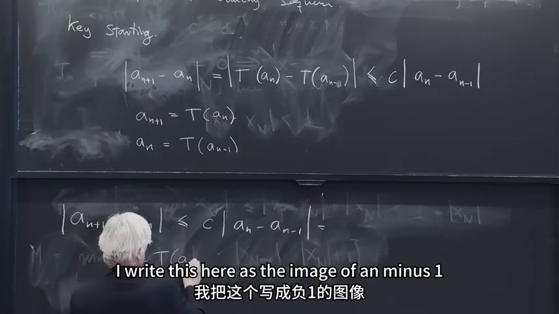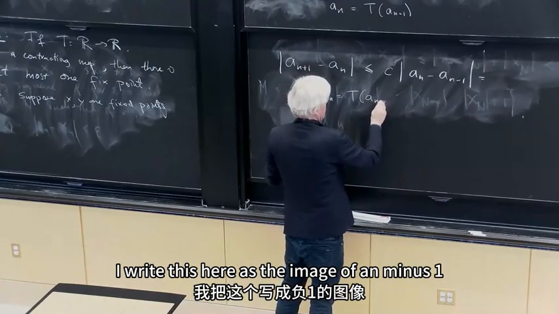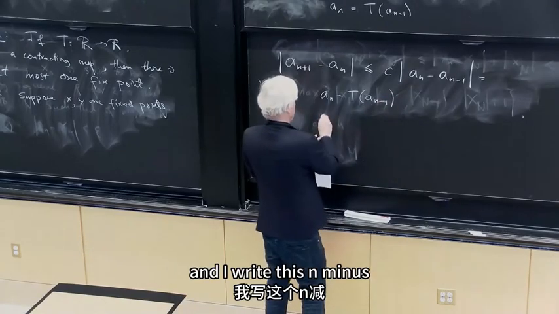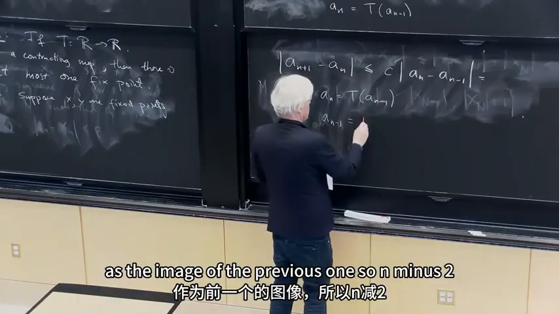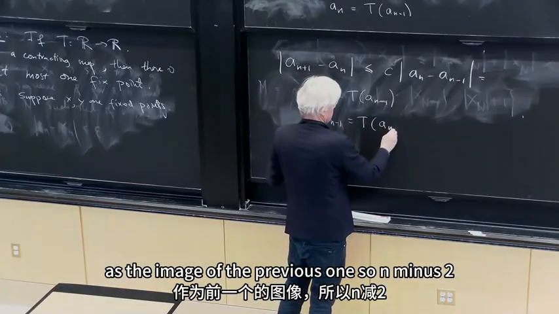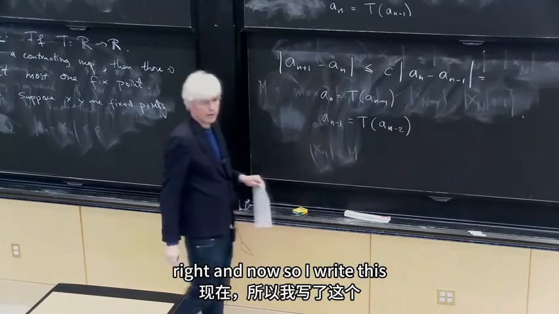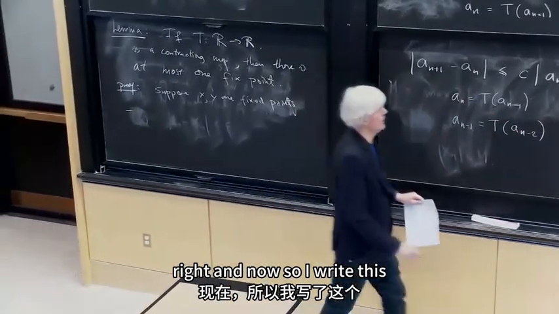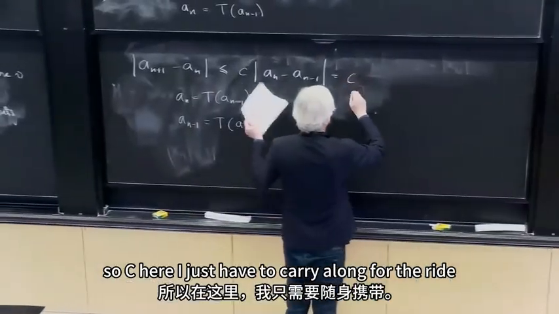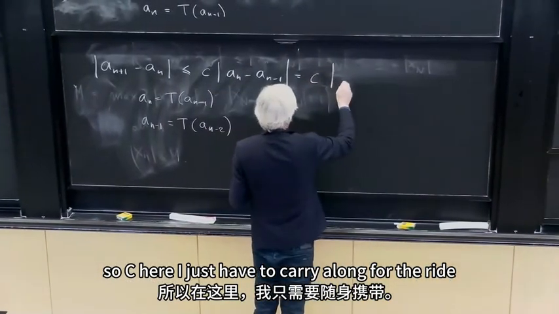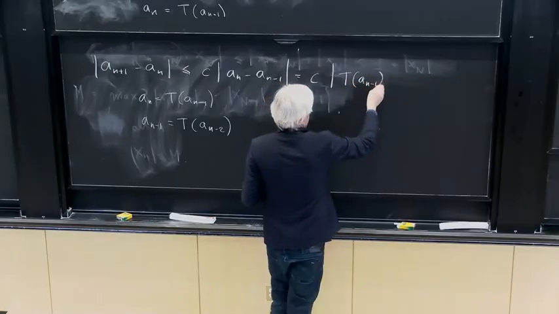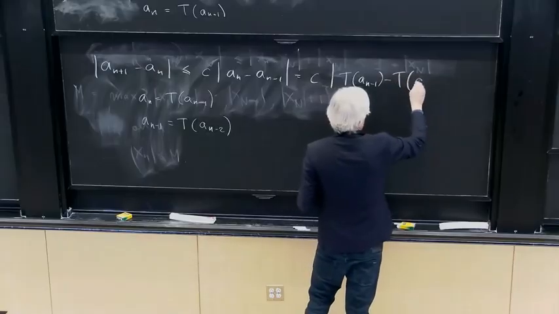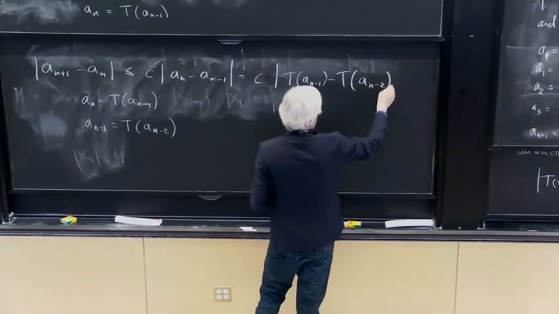I write this here as the image of a n minus 1. And I write this n minus 1 as the image of the previous one. So n minus 2, right? And now, so I write this, so c here, I just have to carry along for the right. And then I have t of a n minus 1 minus t of a n minus 2.